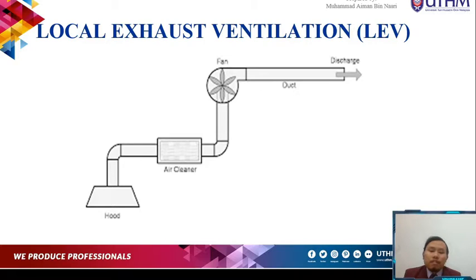LEV system has been widely used in industrial application to provide a healthy and comfortable environment. LEV system consists of 5 elements here, which are a capture hood, duct, an air cleaner, a fan, and discharge.